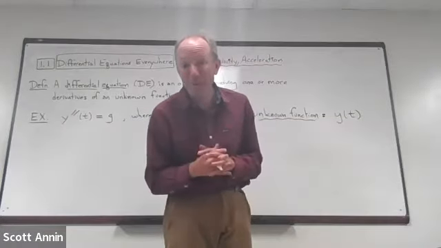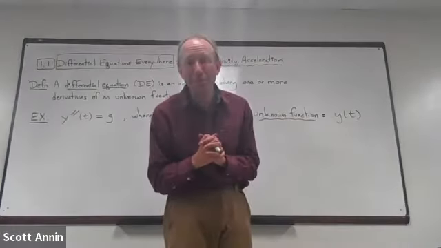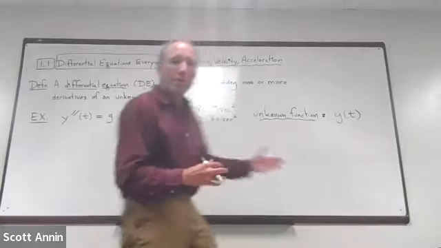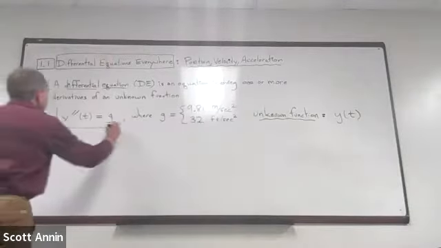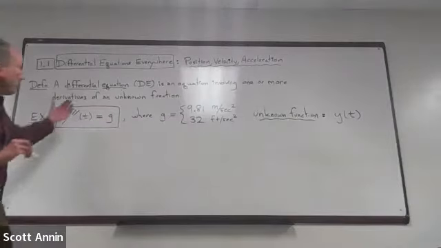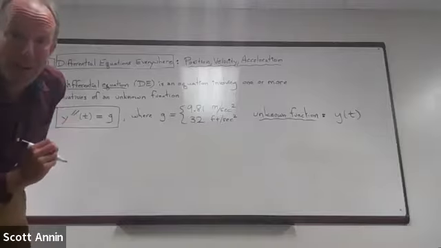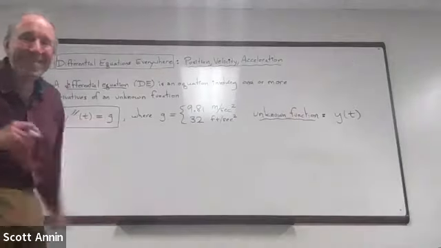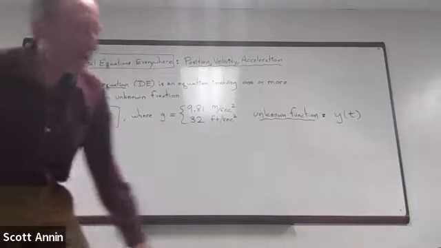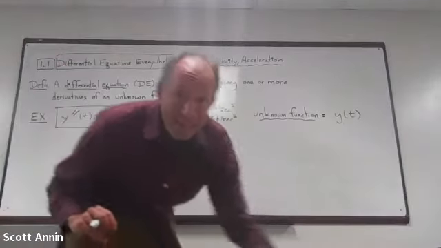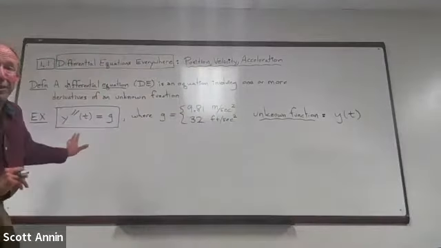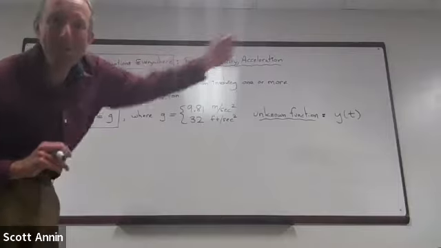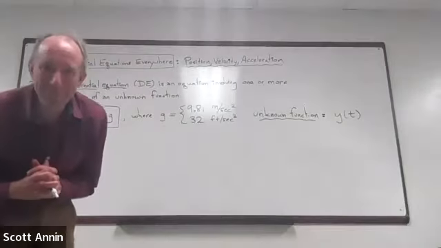We would like to figure out what that function is. So this is my differential equation right here. It involves a derivative of the unknown function y of t, namely the second derivative, which is equal to g.